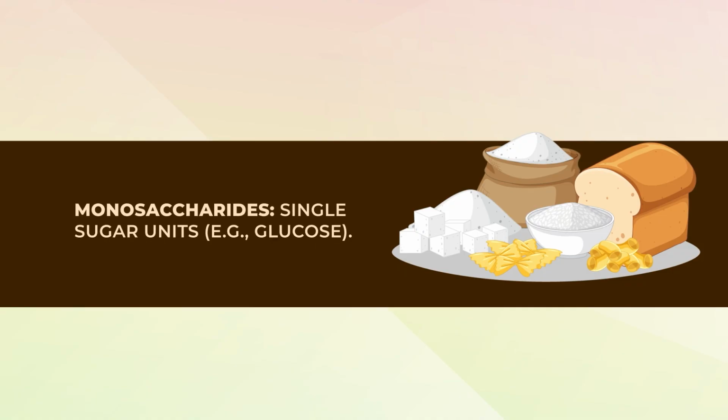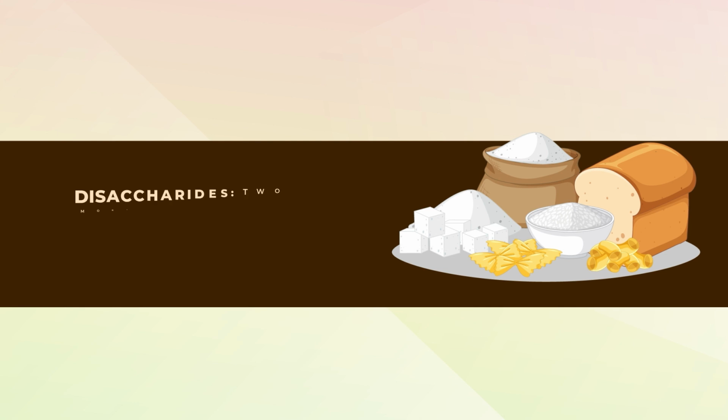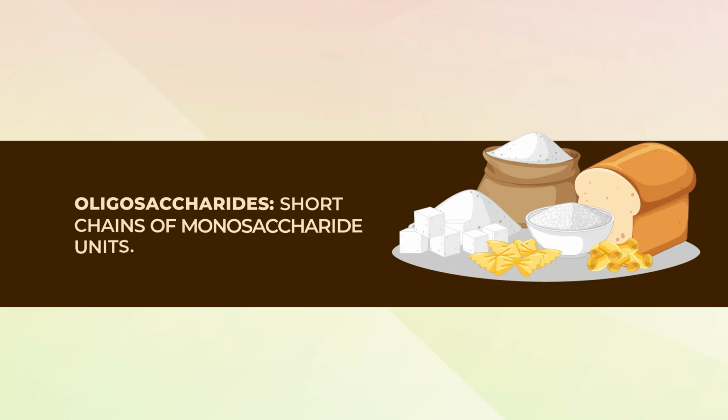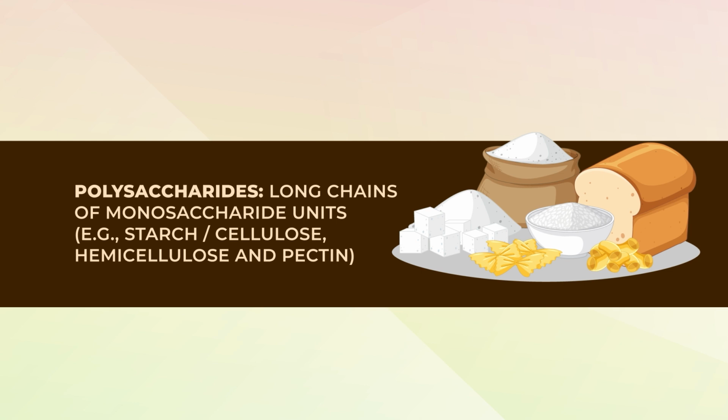Monosaccharides mean a single sugar unit, for example glucose. Disaccharides have two monosaccharides, for example sucrose, lactose, maltose. Oligosaccharides are short chains, normally 3 to 9 monosaccharide units, and polysaccharides are long chains of monosaccharides, like starch, cellulose, hemicellulose and pectin. These are the examples of the types of carbohydrates.